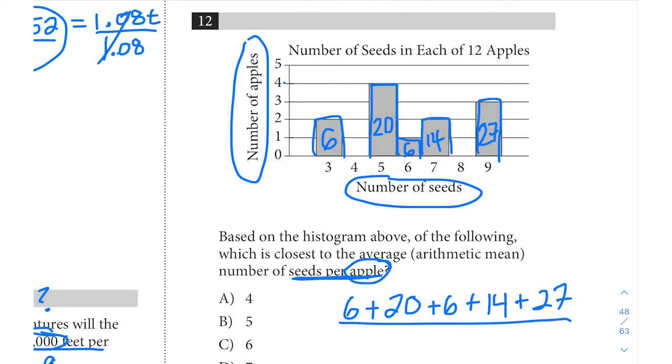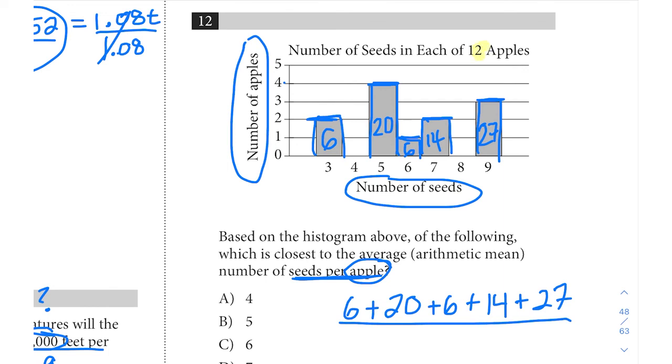Now, one thing that's really nice is that in most of these questions, somewhere in the question, they will actually give you the number of apples that you're looking at, or the number of whatever it is for that particular question. You could say, well, here it's 2 plus 4 plus 1 plus 2 plus 3, but you don't have to actually add that together.